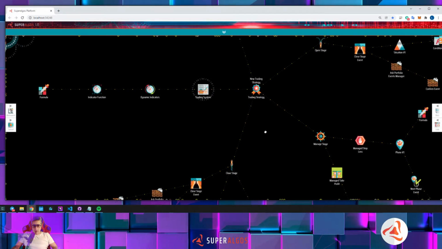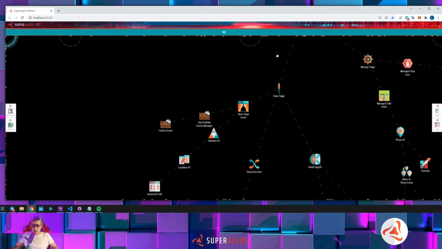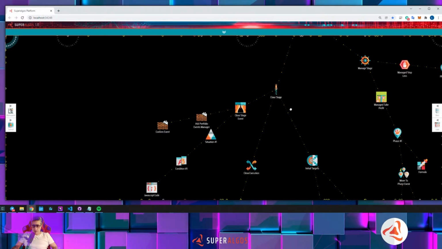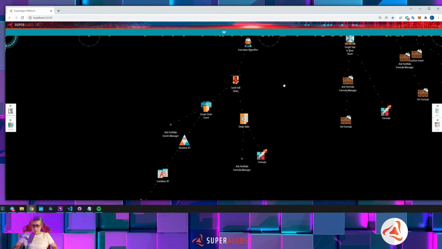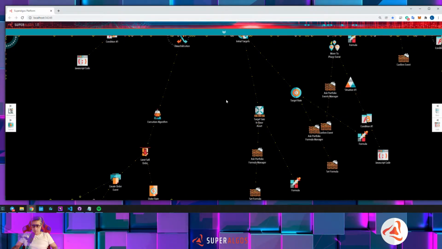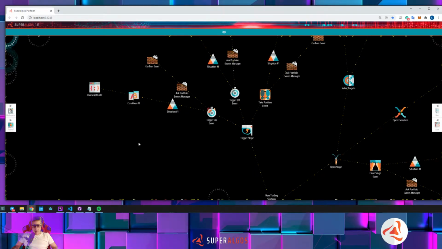Okay, so with this trading system, we're going to do well because it's the lightning strike trading system. Is it the lightning strike or what is it?